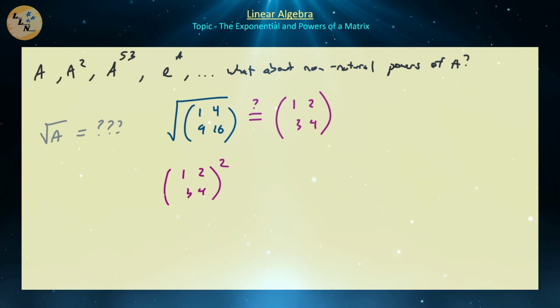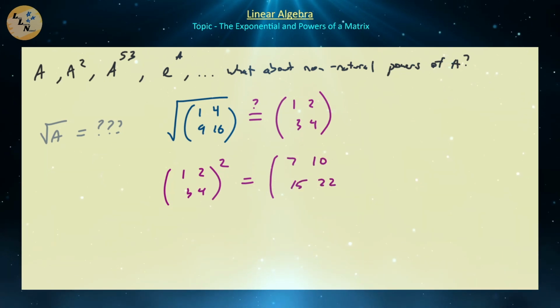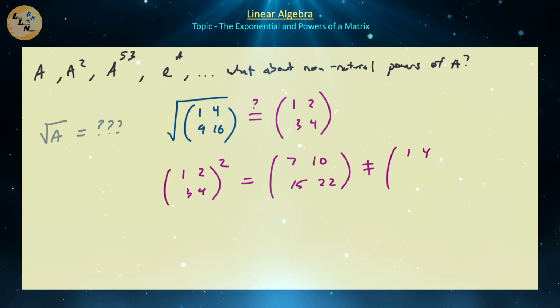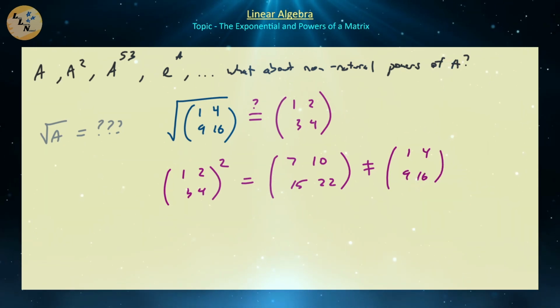Because if it were to have the same properties as square roots, then 1, 2, 3, 4 squared should be equal to 1, 4, 9, 16. But we can actually find that this is going to be equal to 7, 10, 15, and 22, which is not the same thing as the matrix 1, 4, 9, and 16. Therefore, this definition of the square root of a matrix is not at all useful.